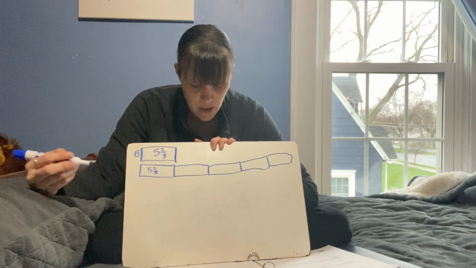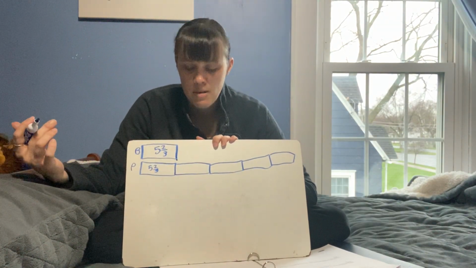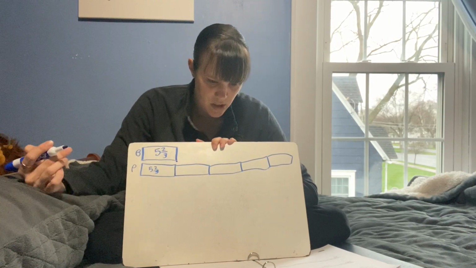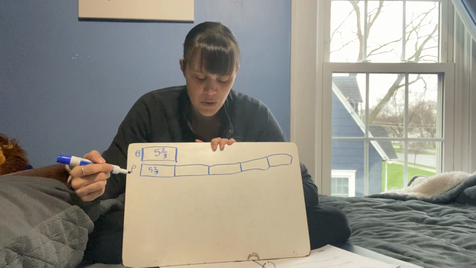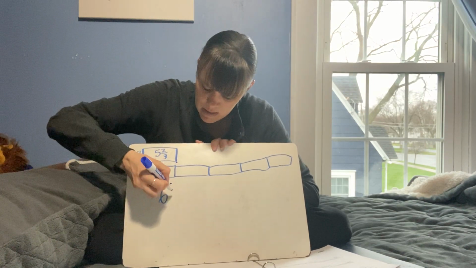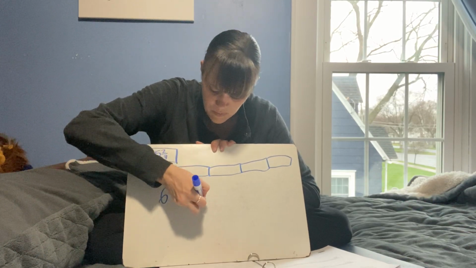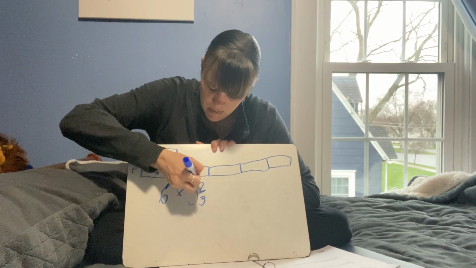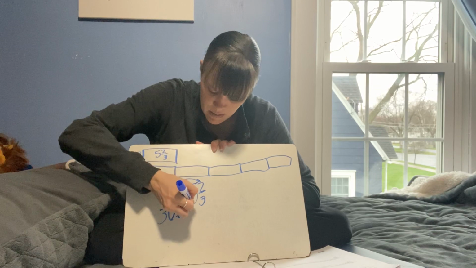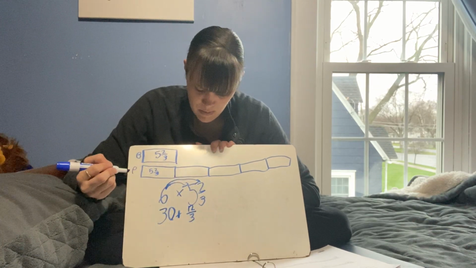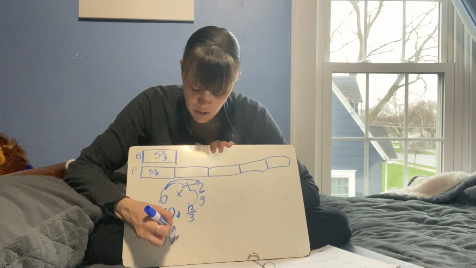Well, what's your thought on starting this? Should we multiply first? Are we multiplying by 5? No, because we have the blue one too. So let's multiply by 6 and see how we do. Okay, so 6 times 5 is 30 plus 6 times 2/3.